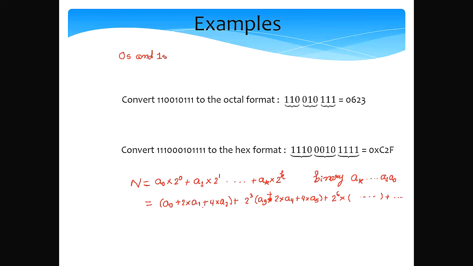So the interesting thing is that if we consider each of these numbers, a0, a1, a2, all of these numbers till ak, are essentially either 0 or 1. They are Boolean bits. So if I consider this term, the maximum value of this term is 4 times 1 plus 2 times 1 plus 1, which is 7.